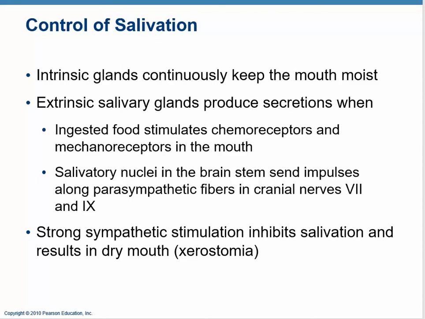The parotids are facial, the sublingual glossopharyngeal. But it's parasympathetic. Anytime you have a sympathetic stimulation, your mouth goes dry because salivation is stopped. Remember, parasympathetic is rest and digest. First step of digestion is salivation.